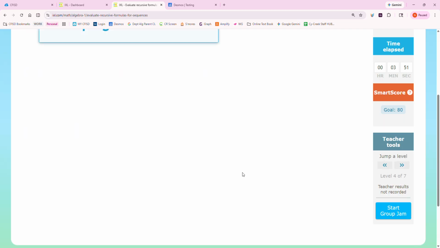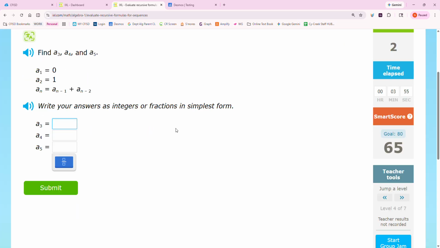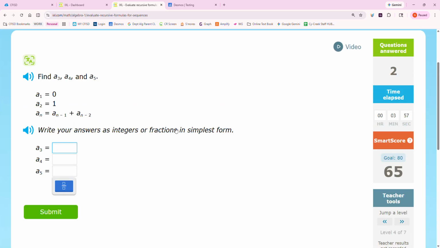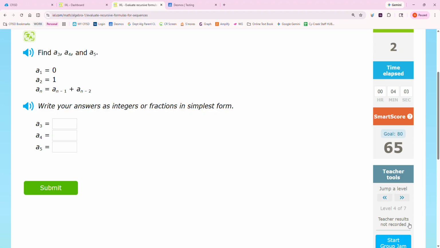Let's see, jump a level here. This one's kind of tricky. This is probably one of the more challenging ones because it has a double. So that a n minus 1 means previous term.